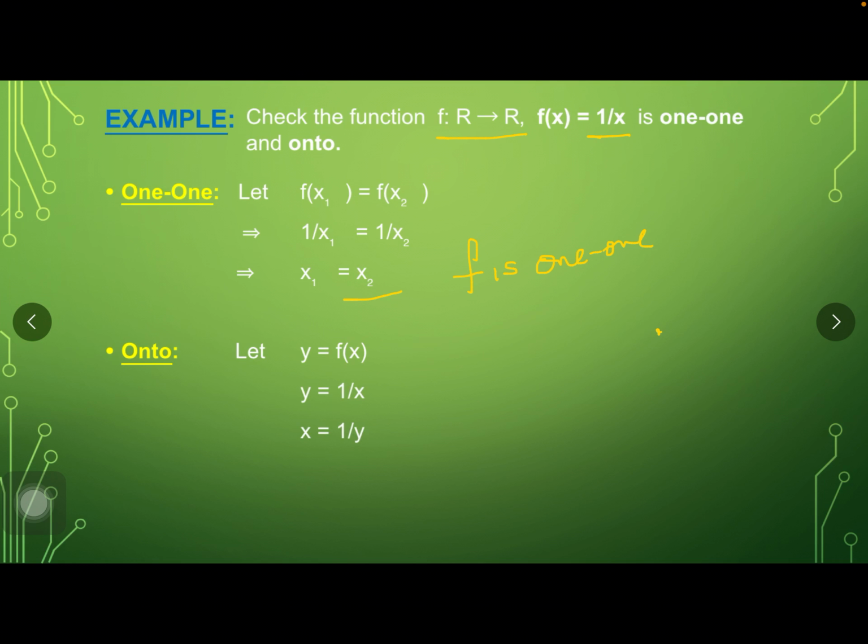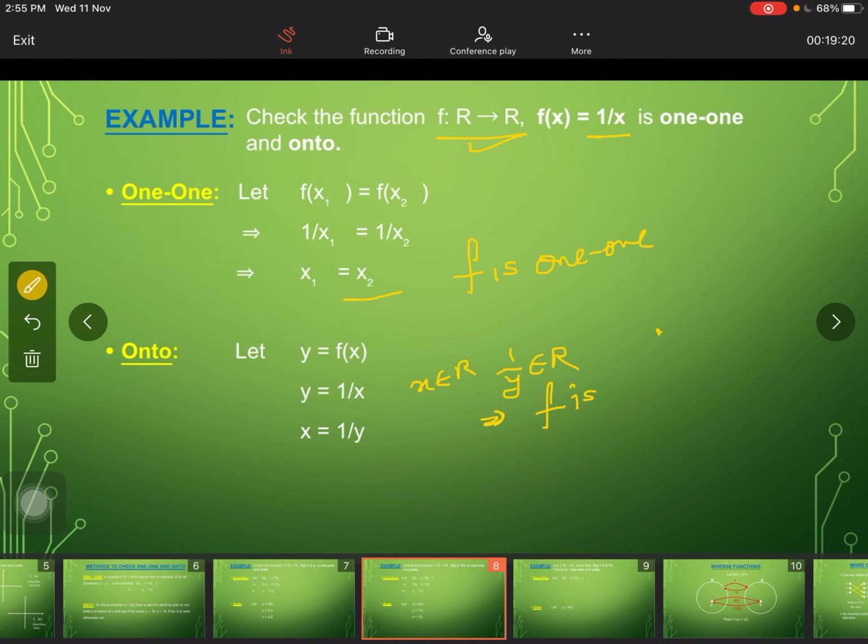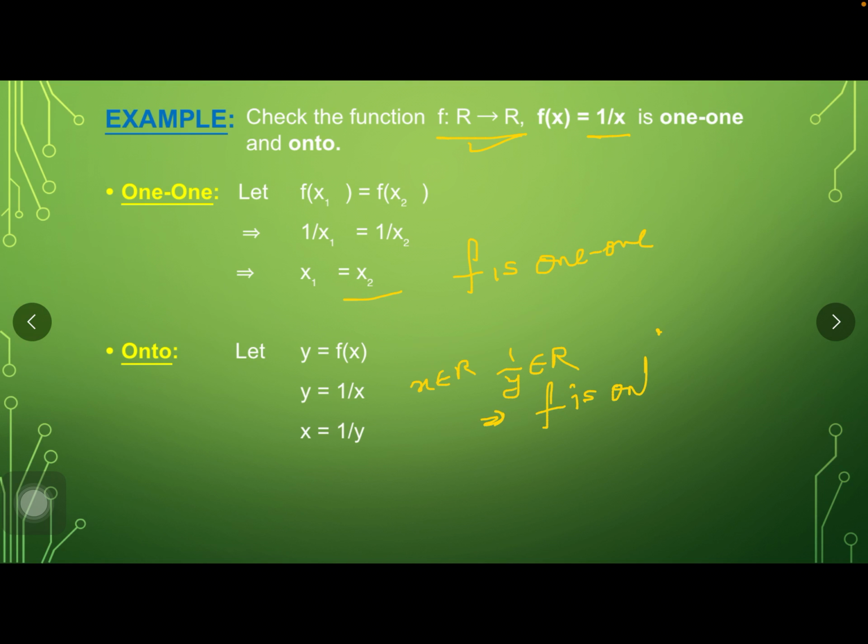Now next is to check the onto. So for the onto function we check here y equal to f(x), so put here y equal to f(x). So now what is that? y equal to f(x) and y equal to 1/x. So x in terms of y, that is 1/y, and this set is real to real, so our x belongs to R here. So 1/y also belongs to the real numbers, because we have the real number set, and real numbers are 1, 2, and 1/2, 1/3 are also real numbers, right?